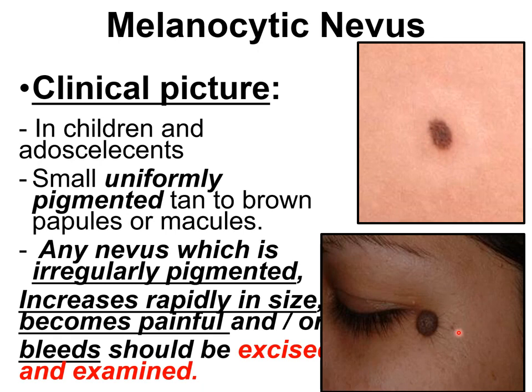But what are the signs that give us alarm, that we should excise and examine the nevus? First, irregular pigmentation, then increase in size. The normal is that the melanocytes should decrease in size by time. Also if it is painful and itchy, or if it bleeds.